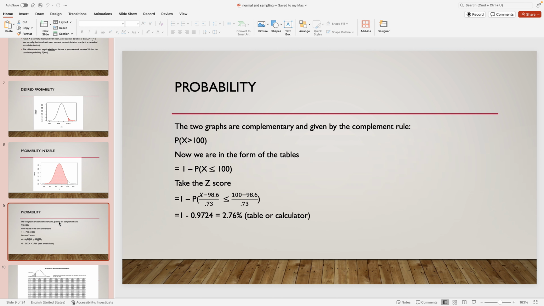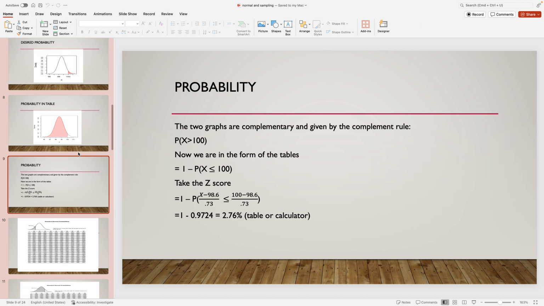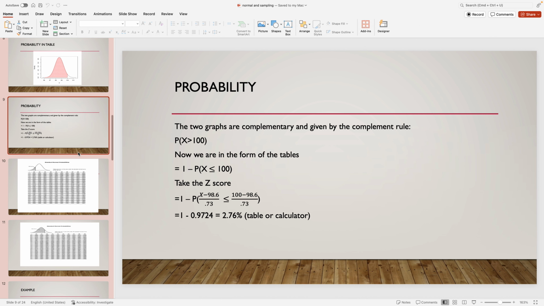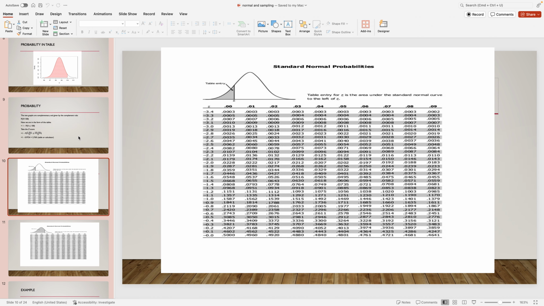Okay. So if we do this probability, we'll calculate the probability is bigger than 100. That's 1 minus the probability is less than 100. We'll calculate the z-score, and we'll get this number of 97.24, or about 2.76% of the temperatures are larger than 100 degrees. Okay, and if you use a table, it should look something like this.